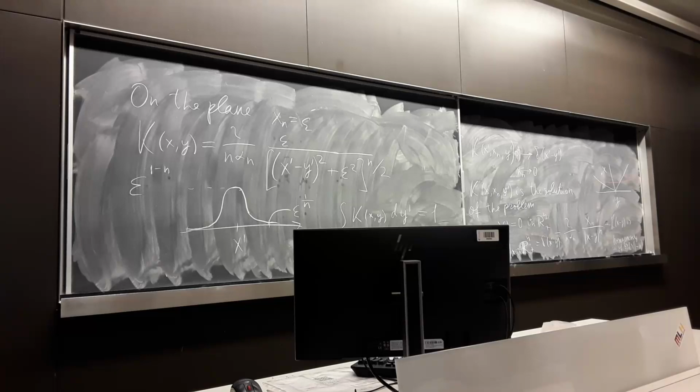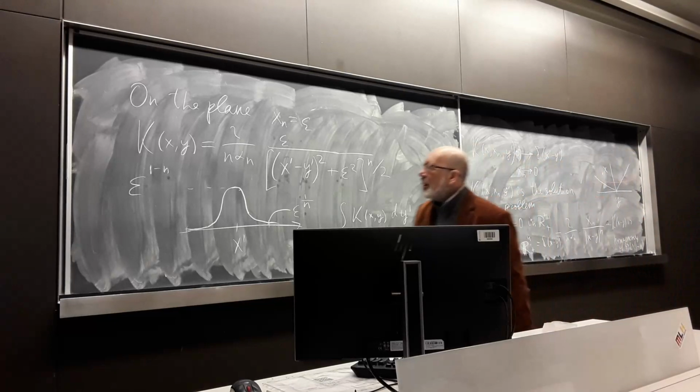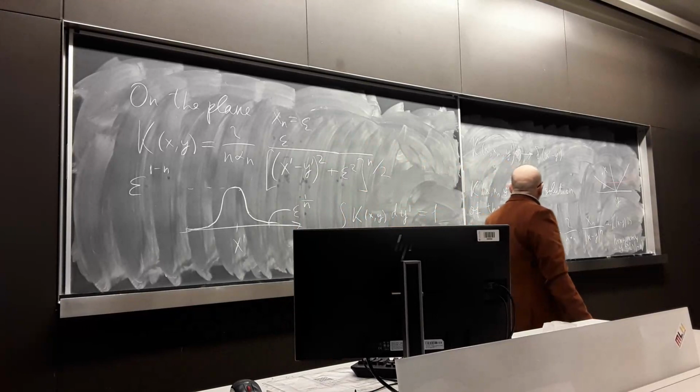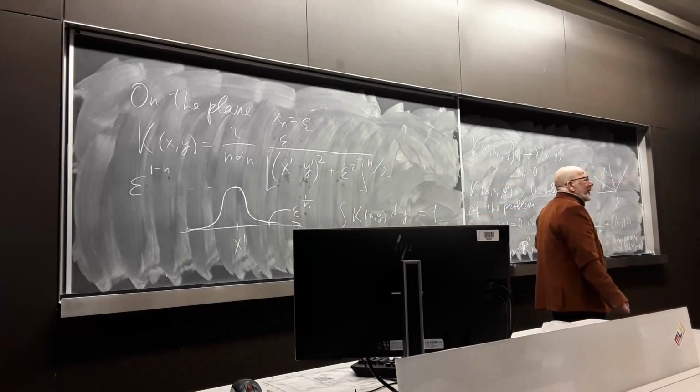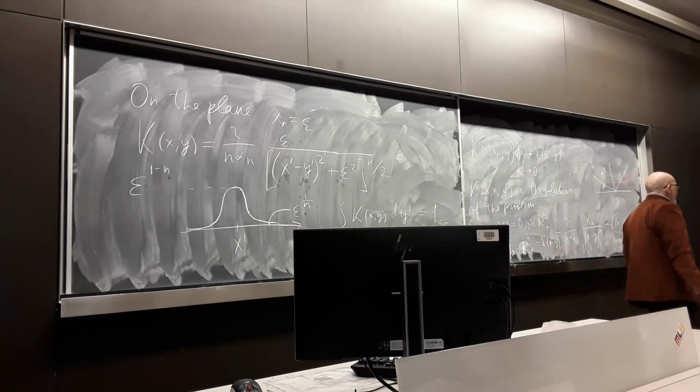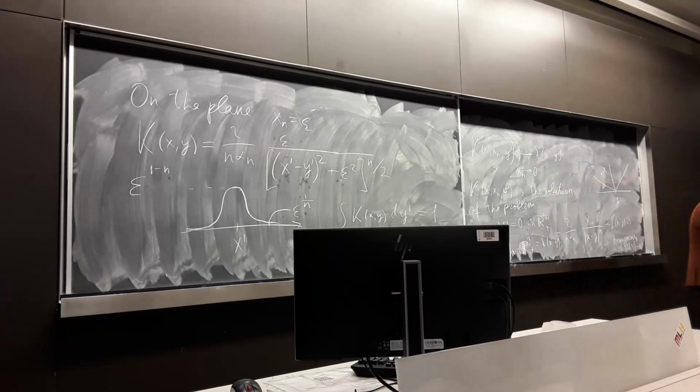So this means we solved the elementary Dirichlet problem, and then we construct a solution for the general Dirichlet problem as a linear combination of these elementary solutions.